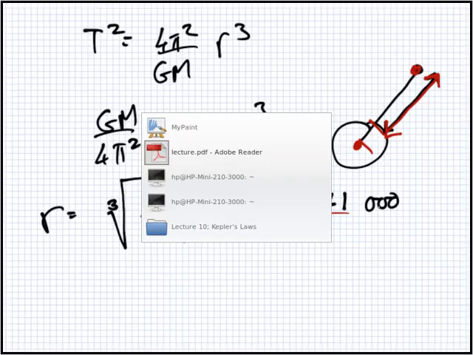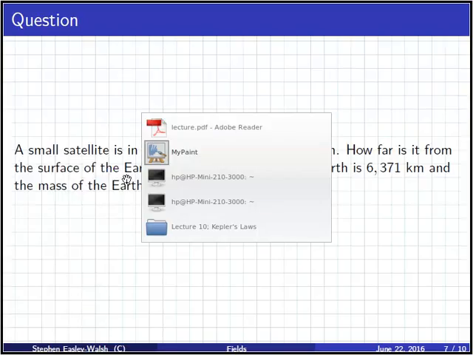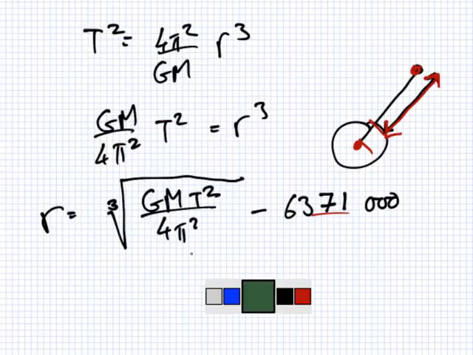But let's hit it in on the calculator, which I need to actually open. Let me just put in the numbers while it's loading.